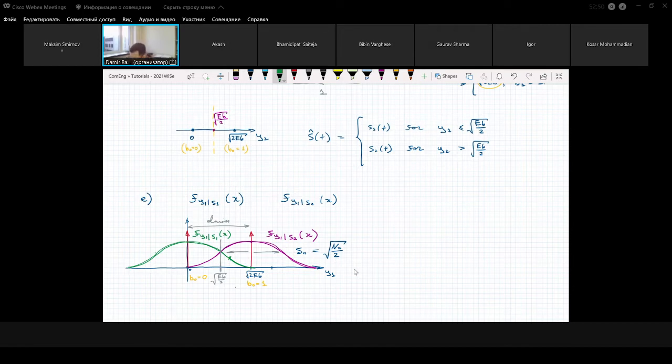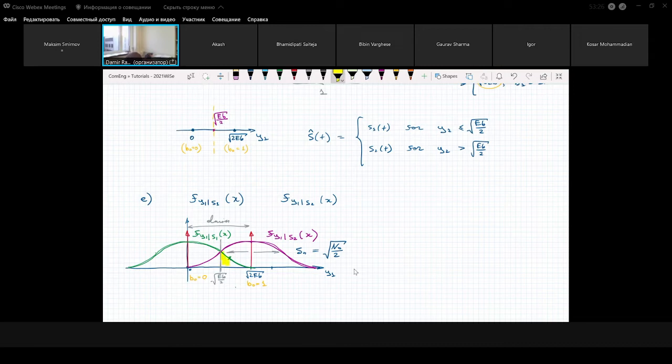What happens is the following. We make the decision that signal S2 was transmitted, while in reality it was transmission of S1. And so we get an error, a wrong decision. How can we calculate the probability of error? We can simply calculate the probability that our value exceeds the threshold.